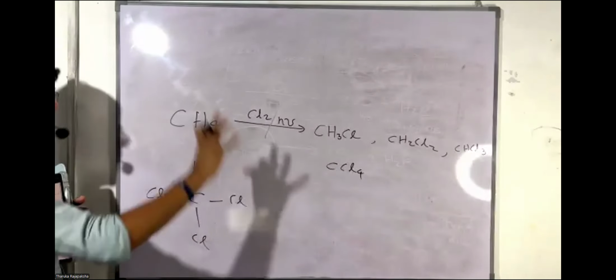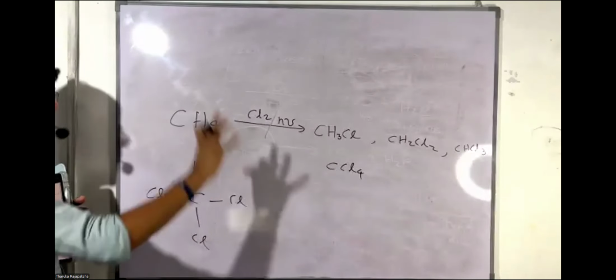And they have a concentration order. The major compound is this one. Let's say 100 CH4 molecules will react. This one will form around 60. This one will form around 30. This one will form around 5. This one will form around, let's say, 20.